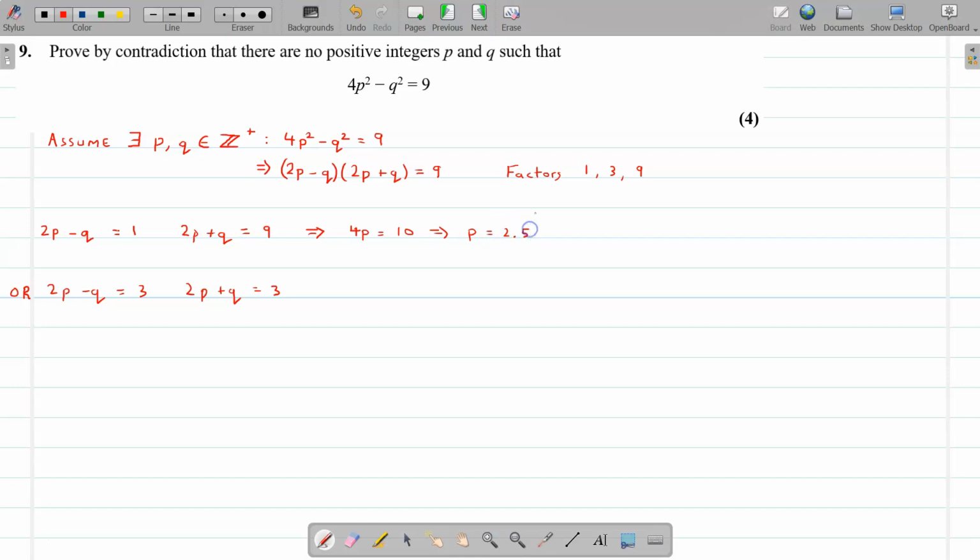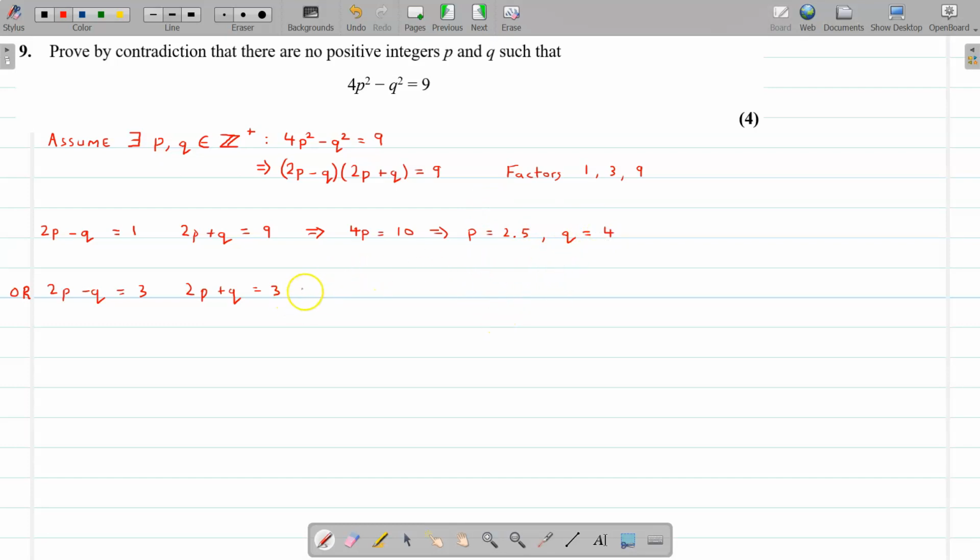Okay, and if p is 2.5, q would have to equal, well, 2 times 2.5 is 5, minus q would have to be 1. So q would have to be 4.